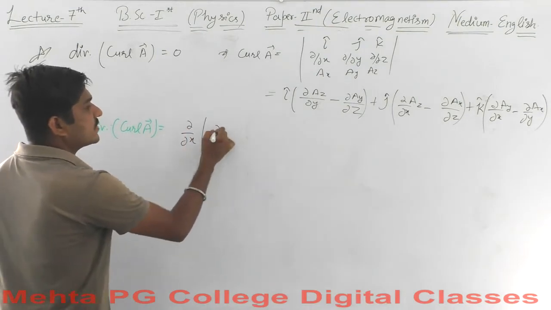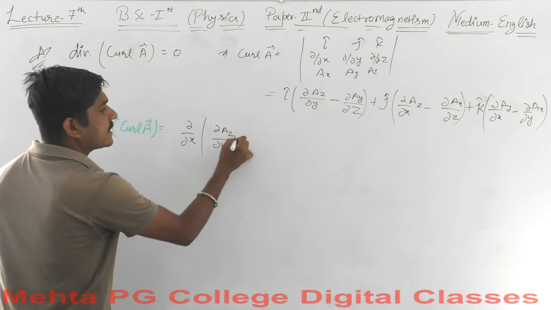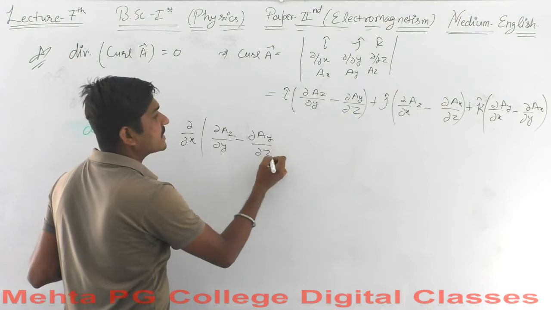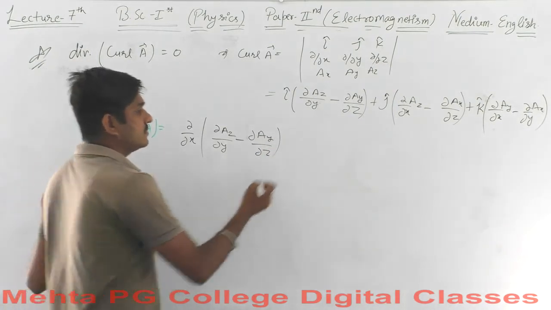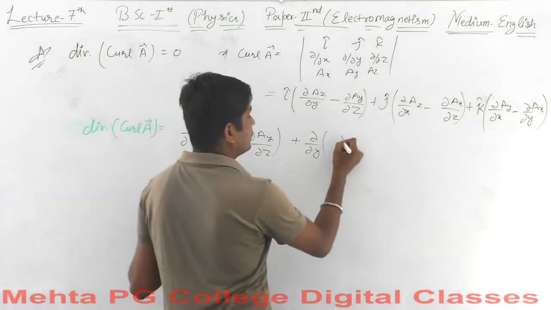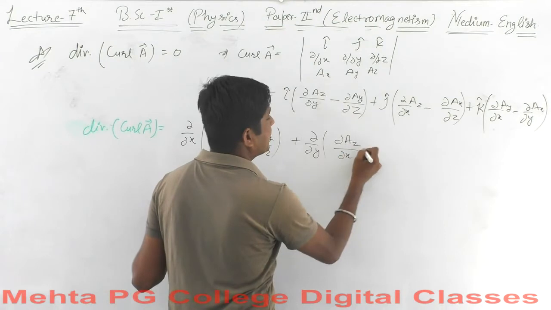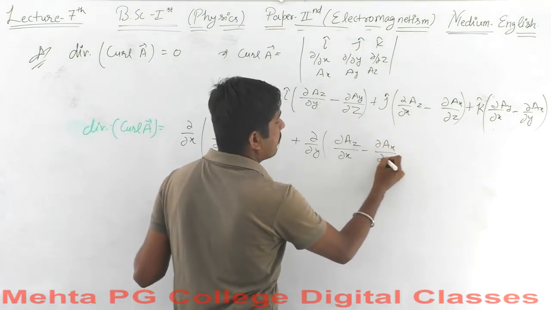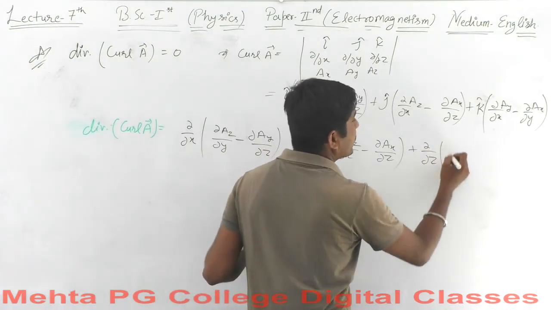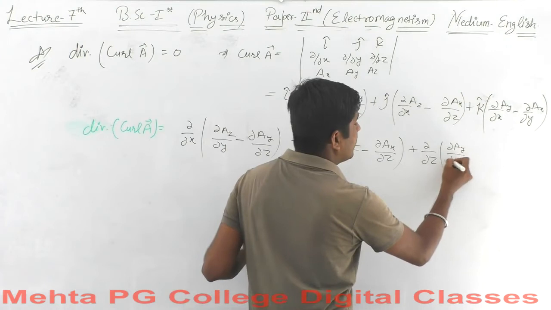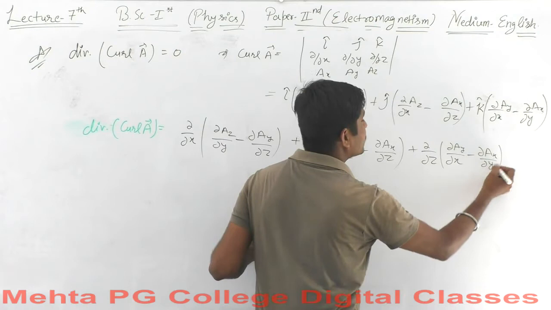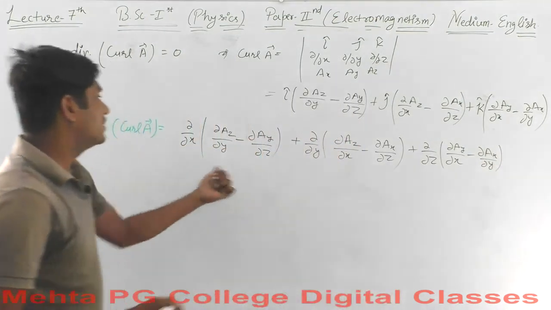∂/∂x for ∂az/∂y, ∂ay/∂z, plus ∂/∂y for ∂az/∂x minus ∂ax/∂z, plus ∂/∂z for ∂ay/∂x minus ∂ax/∂y.